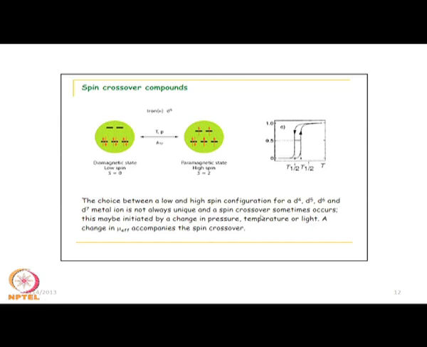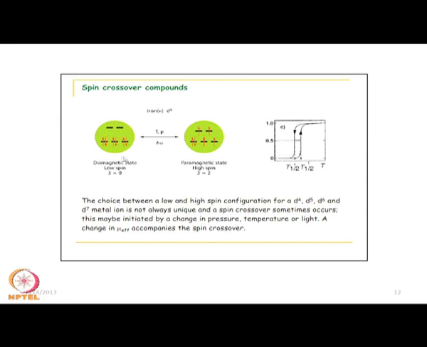That means, if we are not strictly getting a high spin D4 complex or a high spin D5 complex, we can get in the same situation the low spin analogues. This may be initiated by change of pressure, temperature or light. A change of mu effective accompanies the spin crossover.